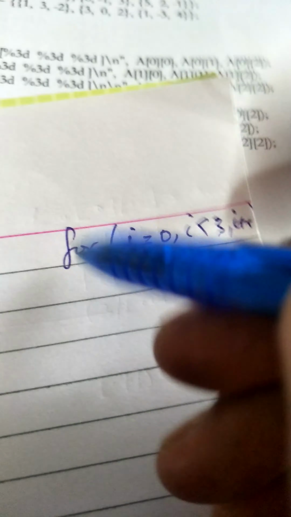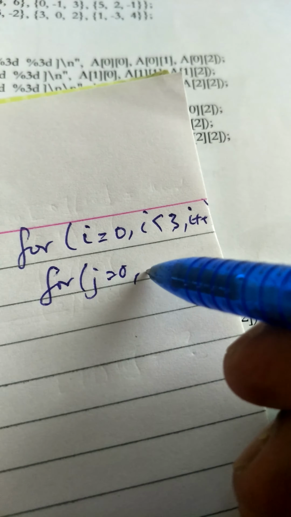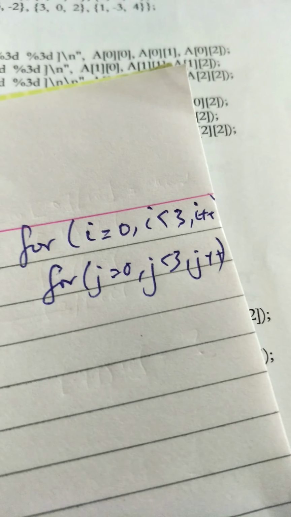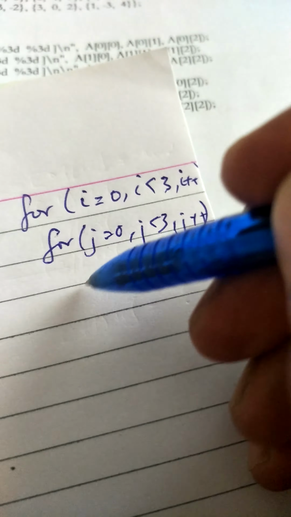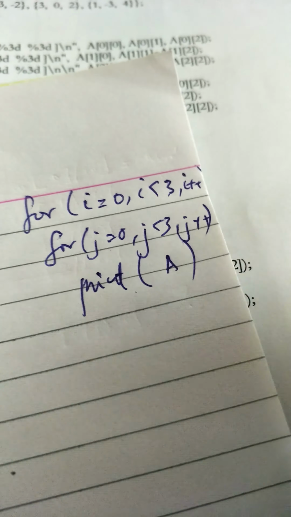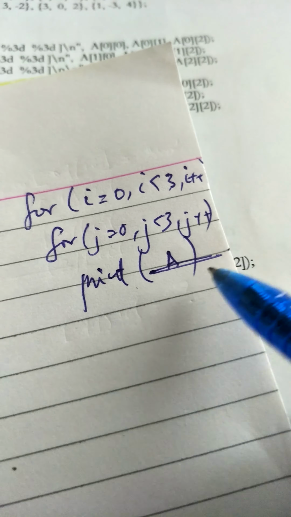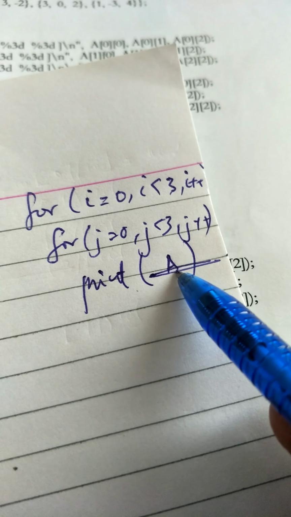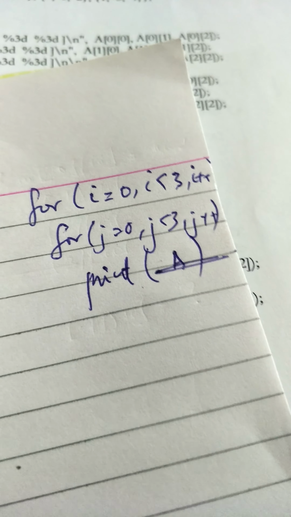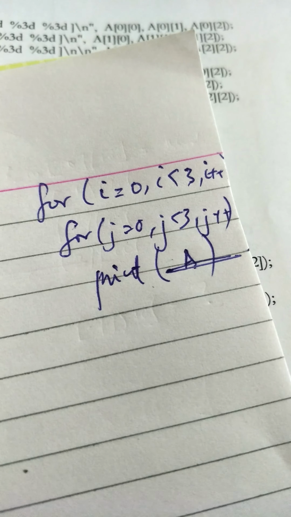And then make another one, J equal to 0, J less than 3, J plus plus, and then you can print A. This means I print the matrix A. Please follow the syntax for print.